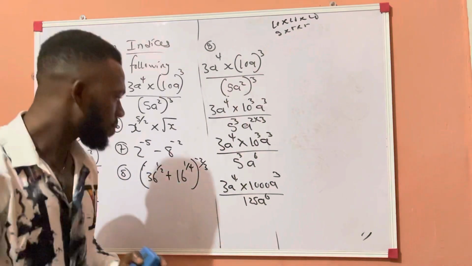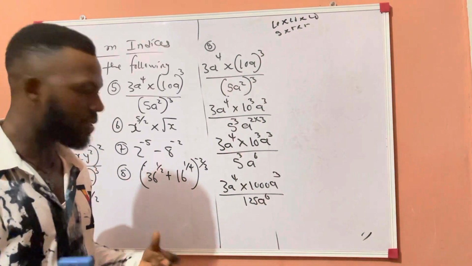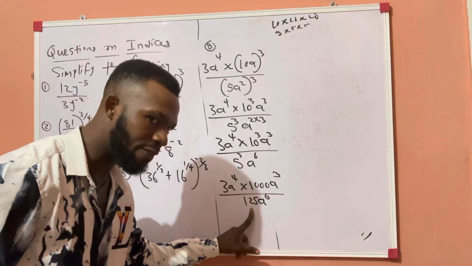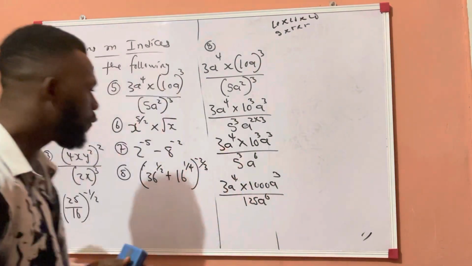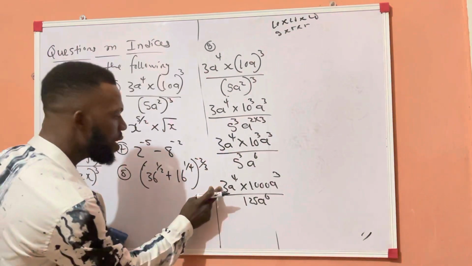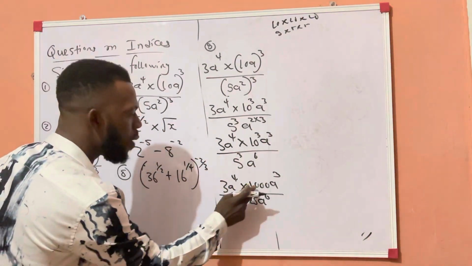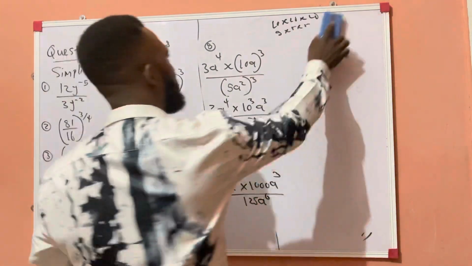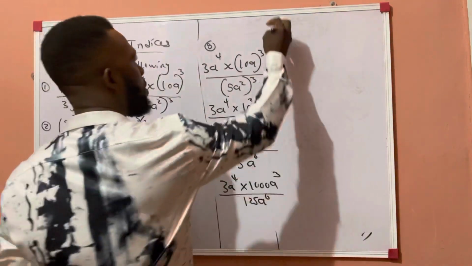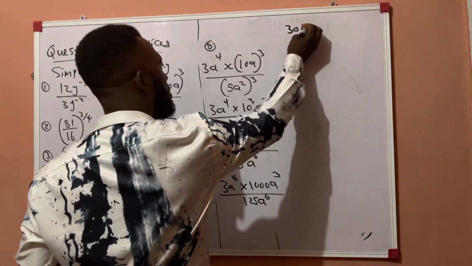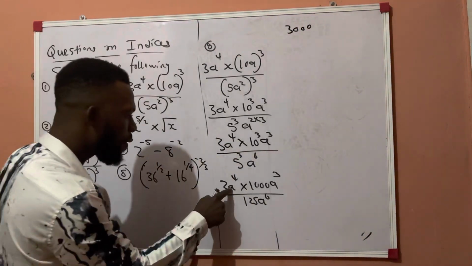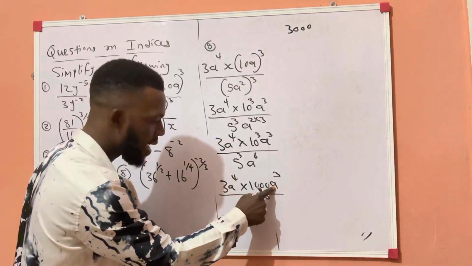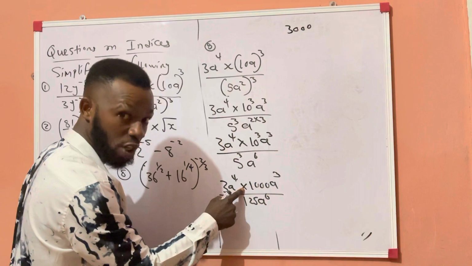Now, what do we do next? We pick out the numbers. This is 3, this is 1000, and this is 125. Are you with me? So if we do something like this now, 3 multiplied by 1000 will give us 3000. So I'll come here and I'll write 3000. Now I have a here, base a, and I have another a here, base a. And what sign is here? Times. Multiplication law, law 1.